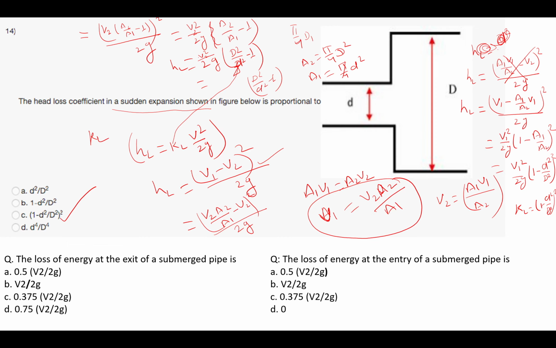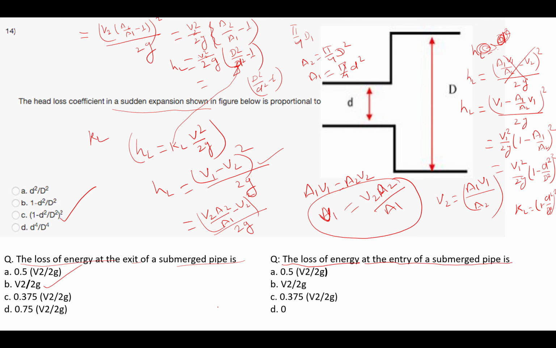I'm taking time on this because it is very important how to calculate. Now, the loss of energy at the exit of a submerged pipe is what? This is a direct formula, V square by 2g. Another question: the loss of energy at the entry of a submerged pipe.